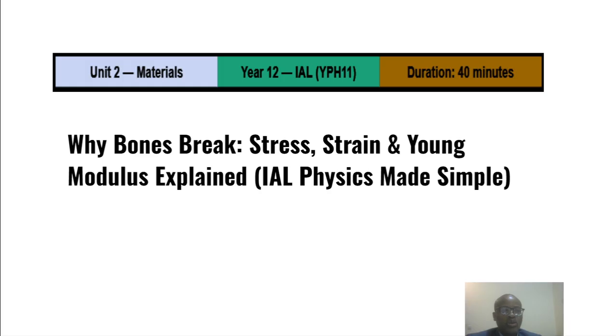In this topic, we're going to use the idea of stress, strain, and Young modulus to understand why bones break. This lesson is deliberately made easy, as a foundation to introduce you to Unit 2, which is the topic of materials.